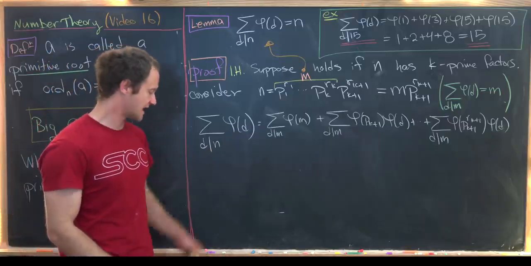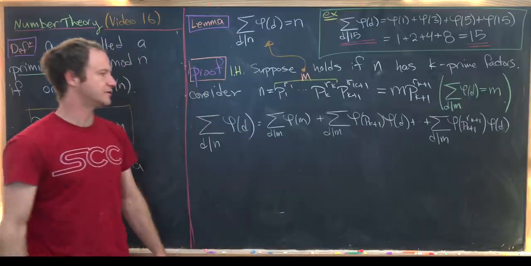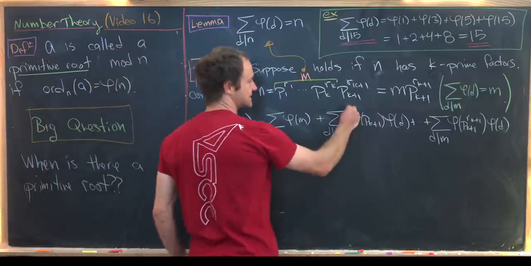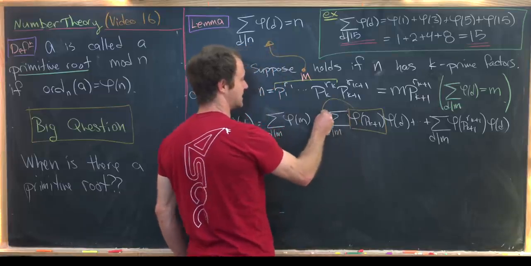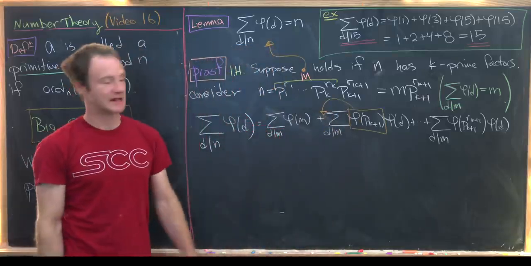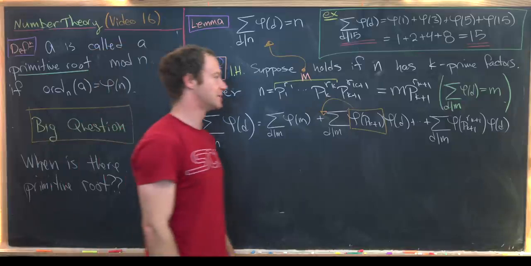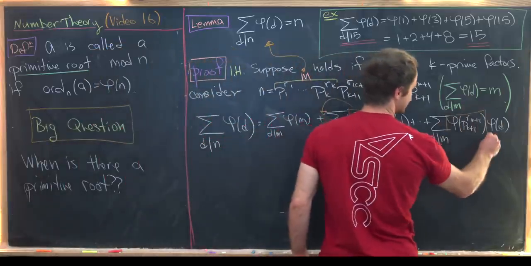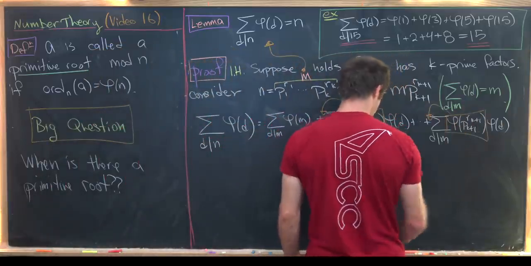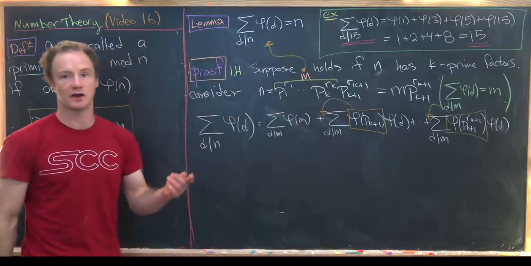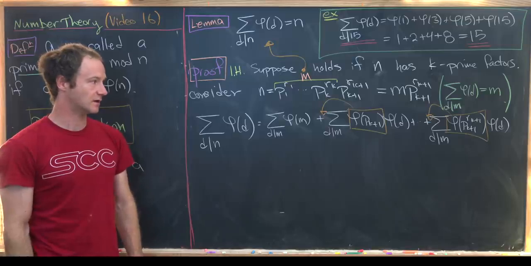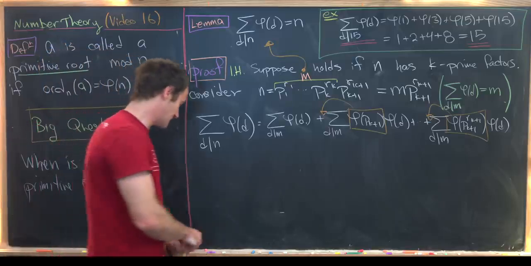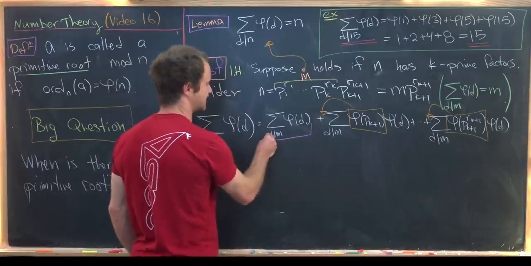Okay, so we finished the last board with this line, and now I want to do some factoring. So notice that this object right here, which I'm boxing in orange, does not depend on our summation index, so we can bring it out of the sum. And all of the similar terms in these other summations are also not part of the summation index, so I can bring those out of the sum as well. But that leaves us with a bunch of copies of the same sum.